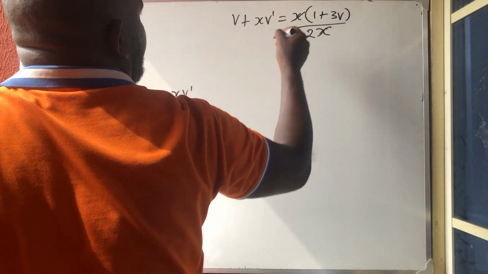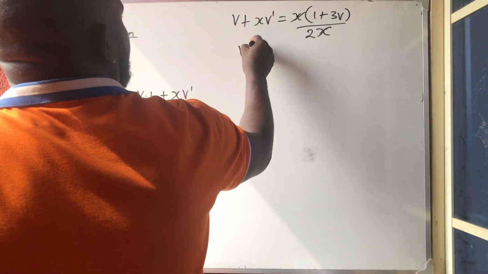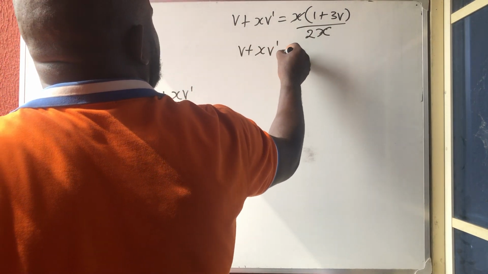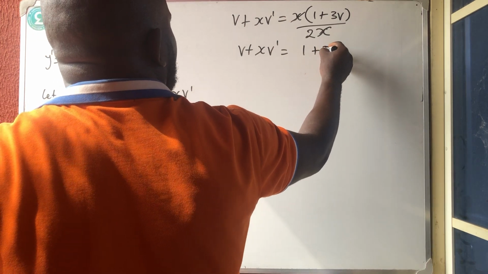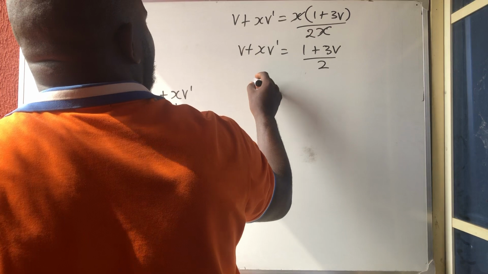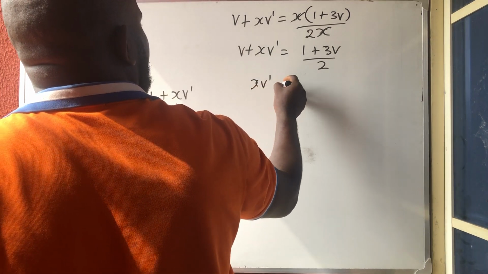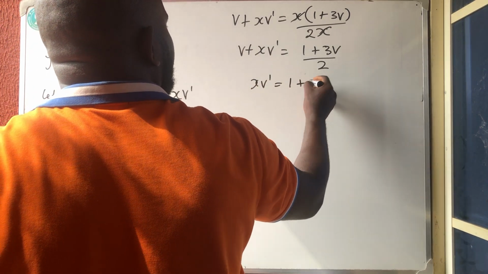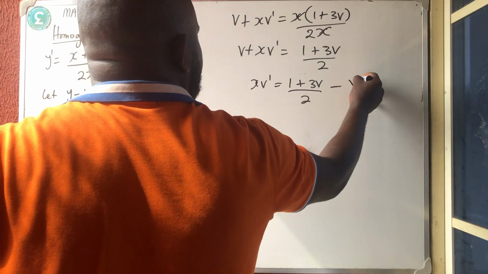So x can take care of x, so v plus x v prime is equal to 1 plus 3v all over 2. So this v can come to this side. I'm having x v prime is equal to 1 plus 3v over 2 minus v.